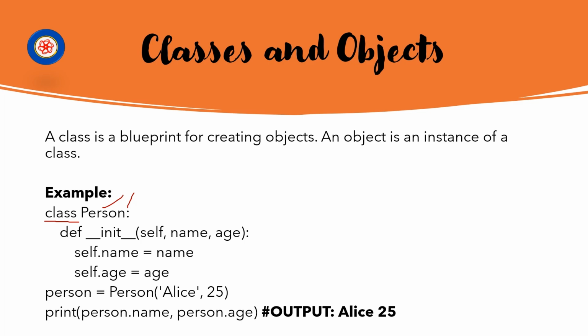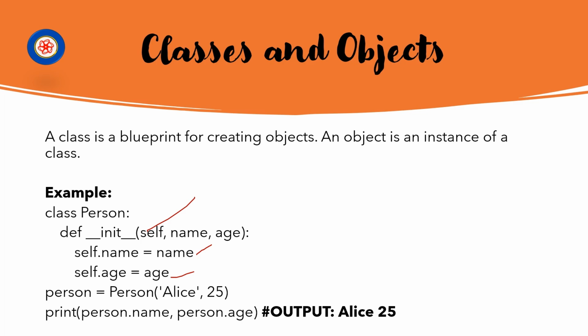In the next line, the init method is used, which is a special method in Python known as the constructor. This init method's task is to initialize object attributes when they are created. When a new object is created, the init method is automatically called to set up the object.